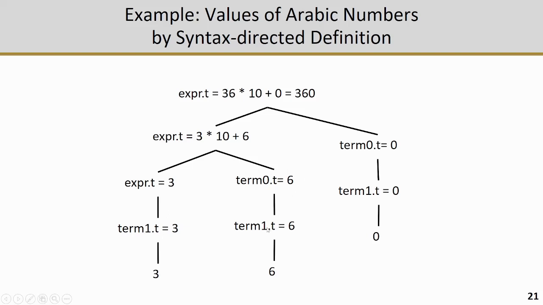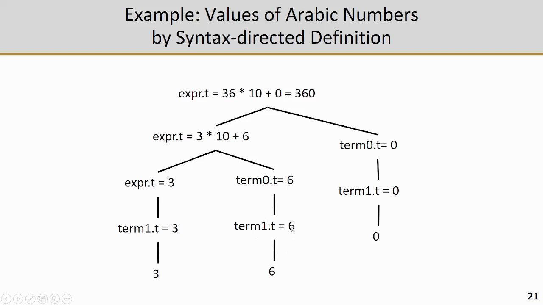Similarly here, we have the next digit, which can be 0 as well, but actually it is not a 0, in this case it is a 6. So we have expression to expression term, and term 0, and term 0 to term 1, and term 1 to 6.